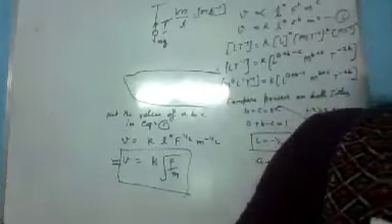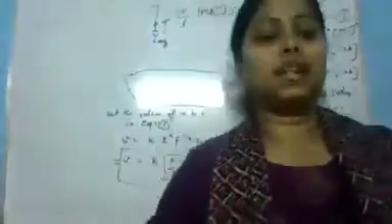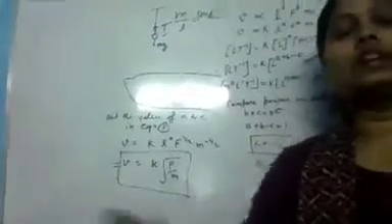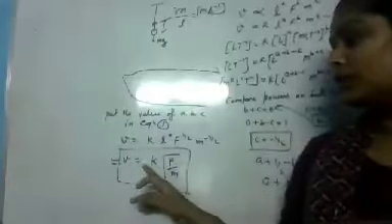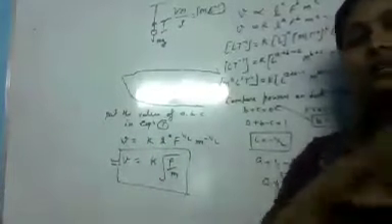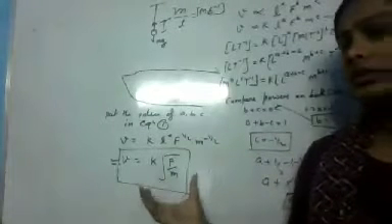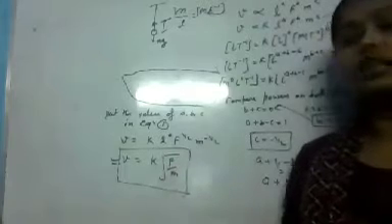When we go through the unit on sound waves and superposition of waves, and transverse waves, then we will prove this formula V equals under root T by M. In that unit, the tension is denoted by capital T. In this particular question, it is denoted by F, so we are using F.